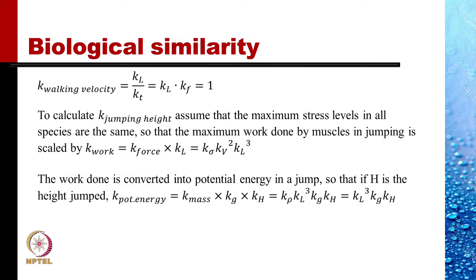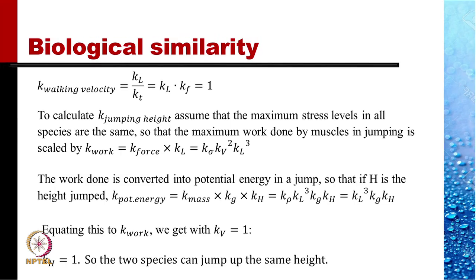Kg is equal to 1, so this is KL cubed, Kg, Kh. Equating this to K work, we get Kh is equal to 1, because Kg is also 1. So Kh would be 1. That is, the two species can jump up the same height.